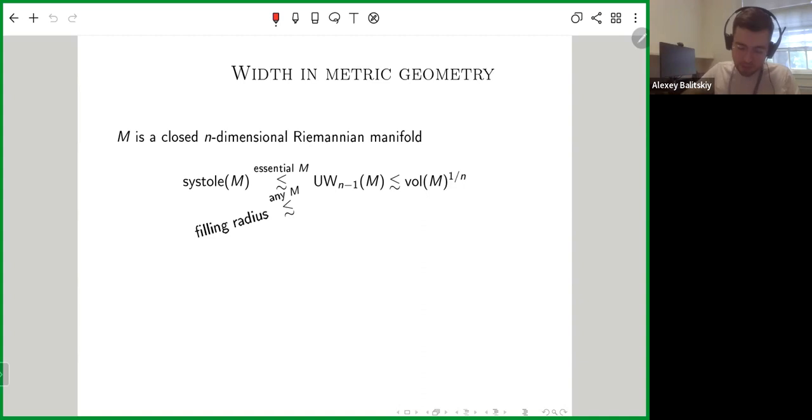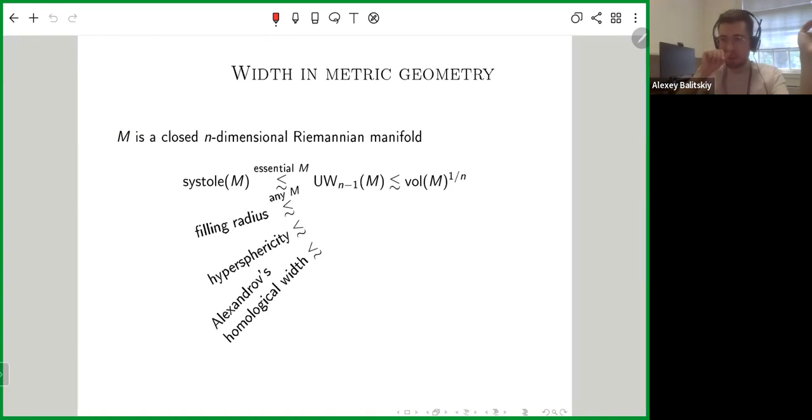One of them is the fill-in radius of any manifold, not necessarily essential. Another one also shows up in the work of Gromov, hypersphericity. Gromov introduces hyperspherical manifolds. So Gromov actually investigated many different notions of largeness of your manifold, some of which are related to the fill-in radius, to hypersphericity, to many other things.